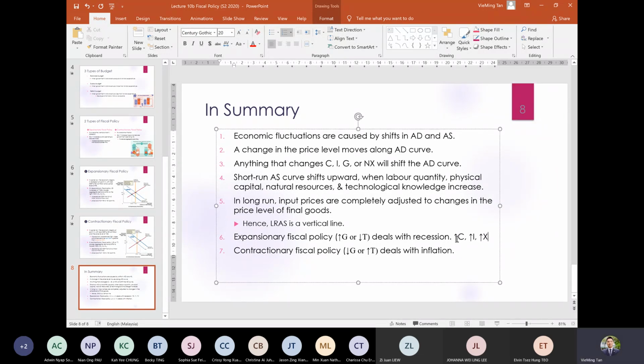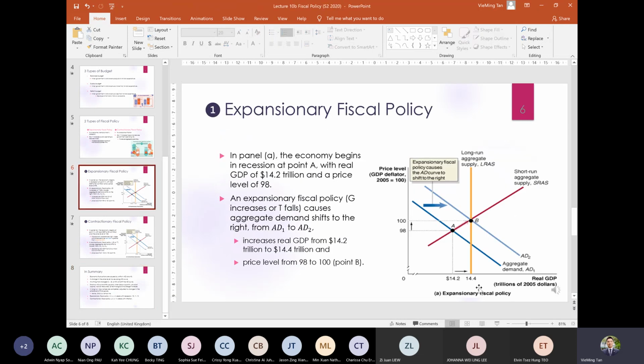So all of these factors increasing will increase the AD value. This will lead to higher AD and shift the AD curve to the right-hand side. Okay, so once the AD curve shifts to the right-hand side, this can help to increase the GDP value of the country.